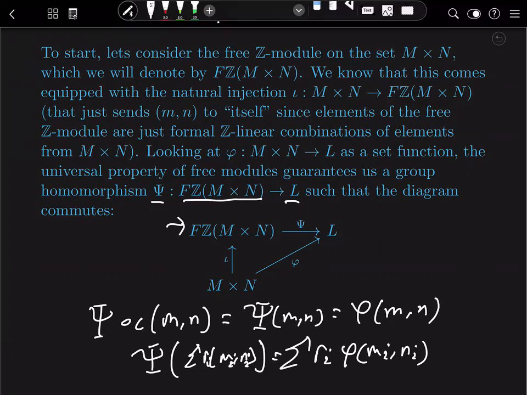It's a good exercise to check that this is uniquely defined. I think it's clear that it's unique because it's forced by the diagram, and it satisfies this universal property. Yeah, so this is good, right? This is a good place to start because now we have this is R balanced.